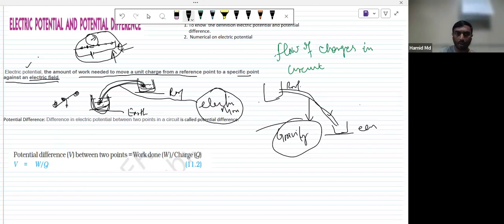The electric field will obstruct its movement. So we have to apply some force to bring the electric charges from one point to another point. Clear? Yes, sir. Then say those statements in your own words. Why are you not able to do it?